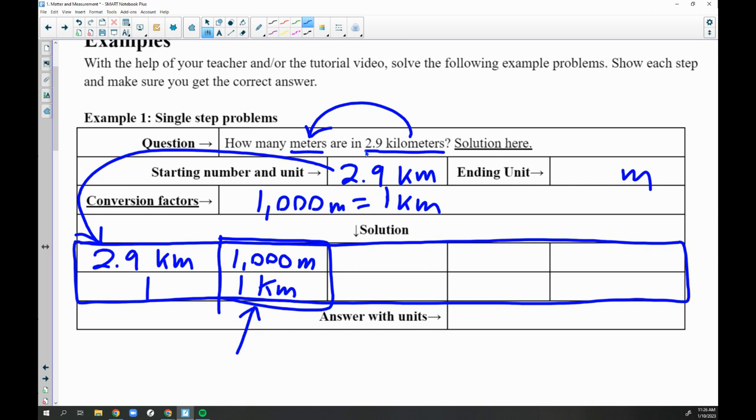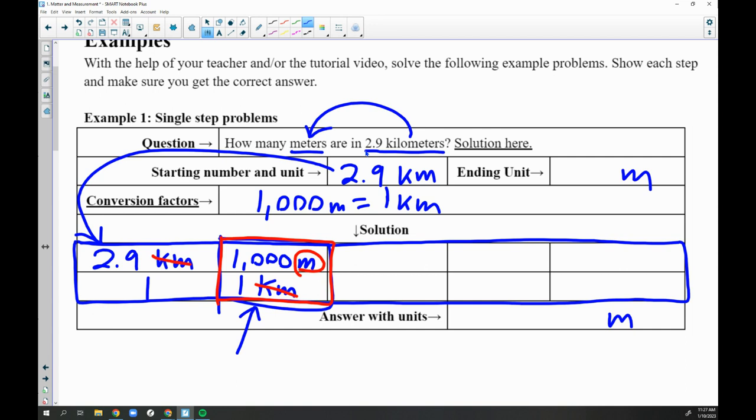And remember, this fraction that I'm circling in red has a value of 1, so I'm not actually changing any values when it comes to my starting unit. The only thing I'm changing is the unit. Because kilometers appears on top and on the bottom, it cancels out. That leaves us with meters as our unit, which is the goal.